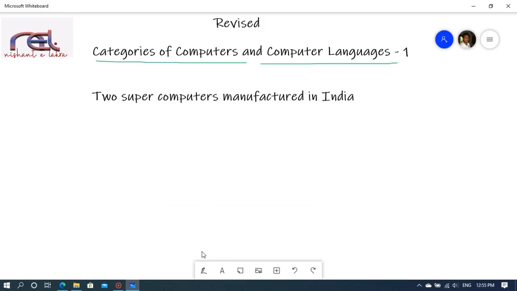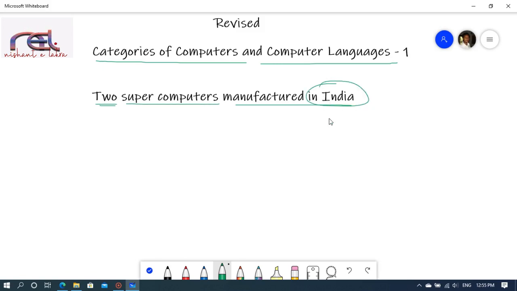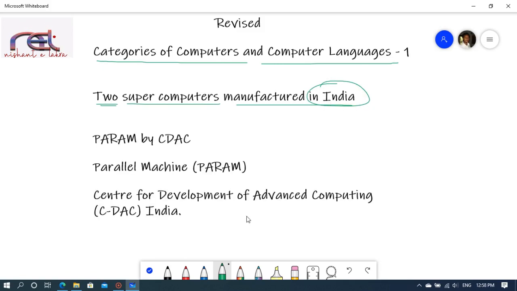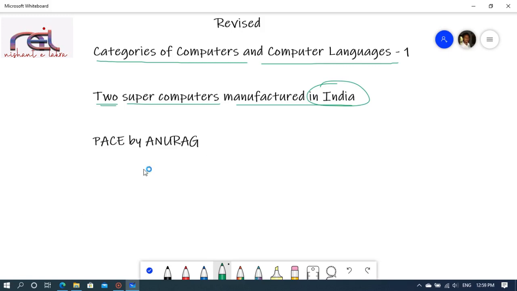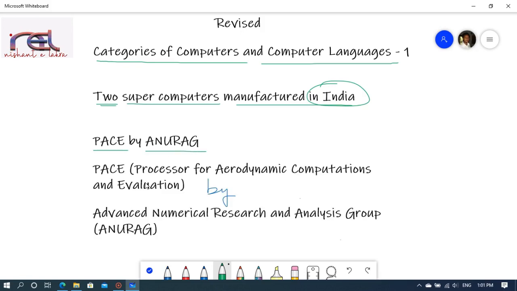Now let us know about two supercomputers manufactured in India. Param by CDAC. What is the full form of Param? Parallel machine. It was developed by CDAC, that is Center for Development of Advanced Computing, India. So this was one of the supercomputers manufactured in India. The next one is PACE, developed by an institution known as Anurag.